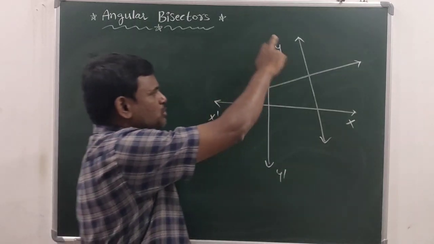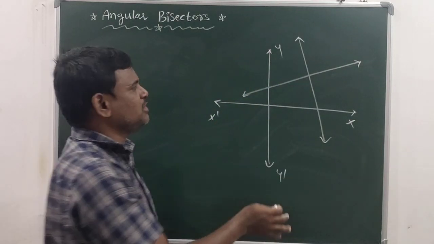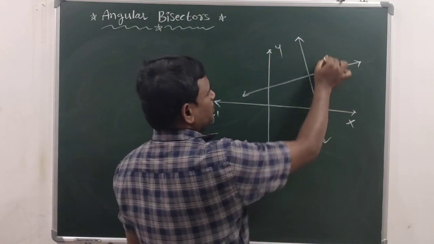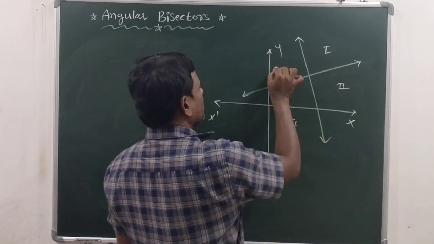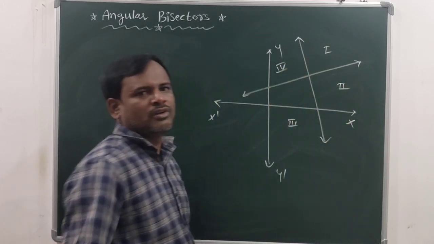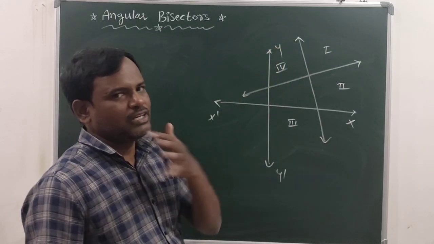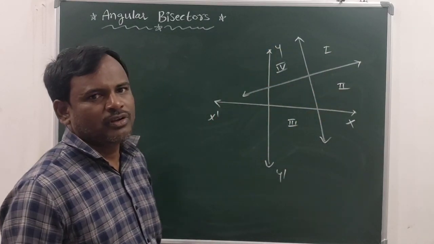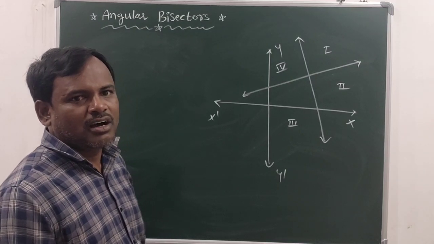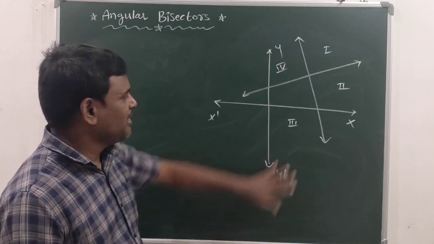Now, due to these two lines, this plane divides into 4 parts, like 1, 2, 3, 4. In which part is the origin? In the third part.